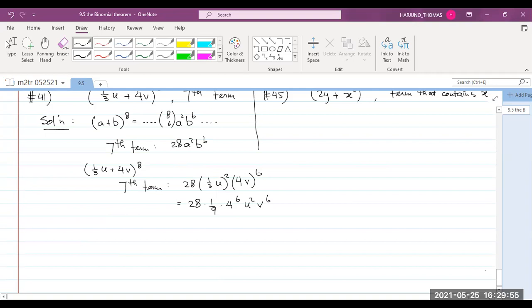Number 41, yeah. Okay, just use your calculator. So something over 9 u squared phi to the 6th, and use your calculator for that.